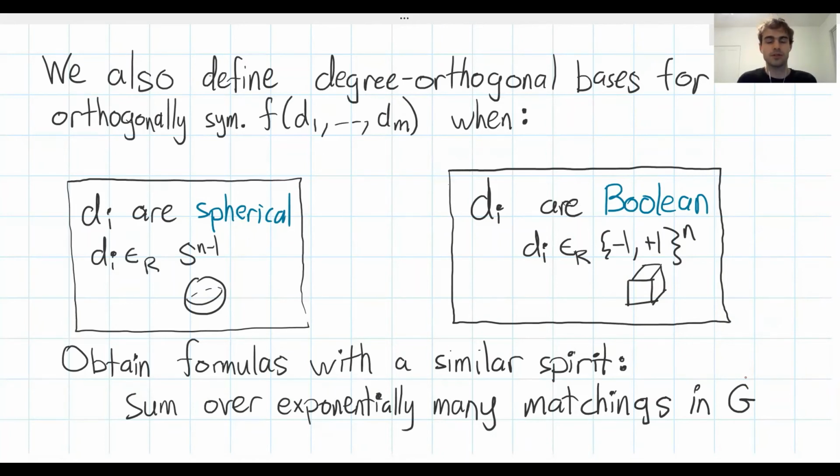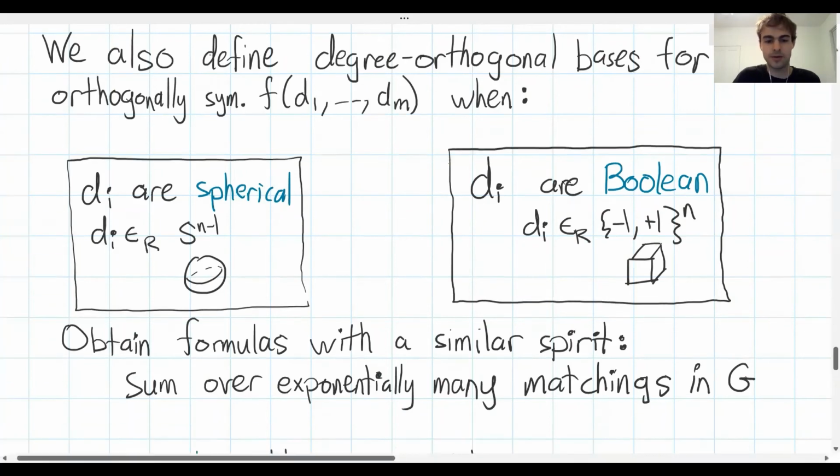We're not able to work with general input distributions, but we are able to give somewhat clean formulas for these two settings, in addition to the Gaussian setting. And they have a similar spirit where, again, we're summing over exponentially many matchings in an underlying graph. And again, this is a basis for orthogonally symmetric functions on these spaces. So I want to go into each of these two regimes a little bit more.